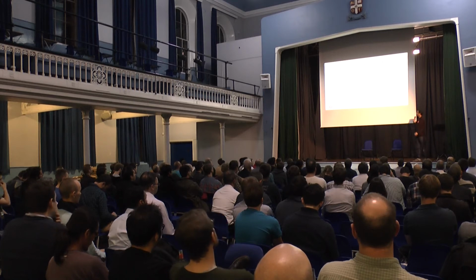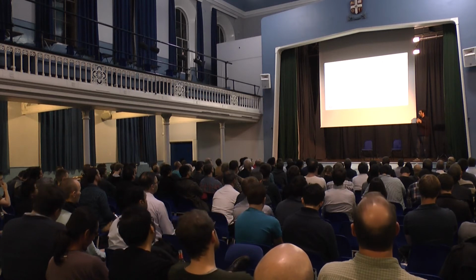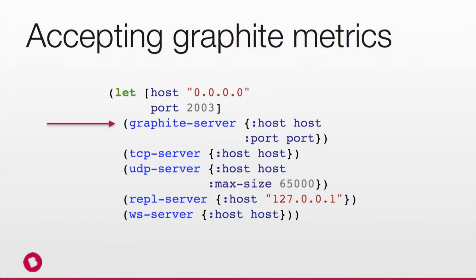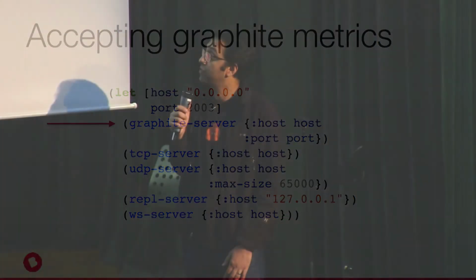Right, and the trick we have here is, I showed you at the beginning of the talk what an event looks like. Well, all we have are carbon events. They're fairly sparse, and the nice thing that Riemann offers is you can fire up a Graphite server, and it will accept just standard Graphite metrics. You don't have to do any additional work to get it going.